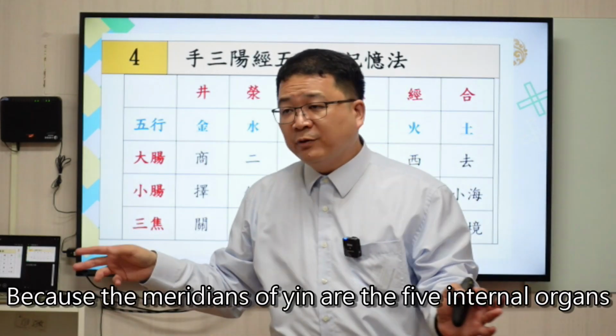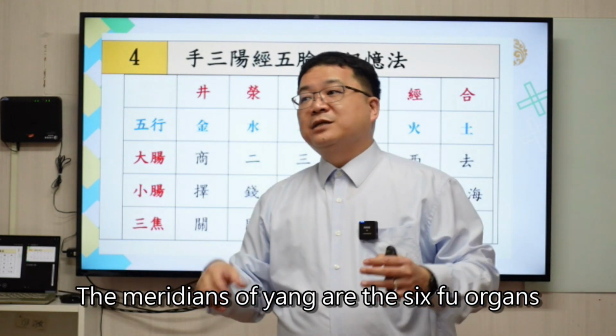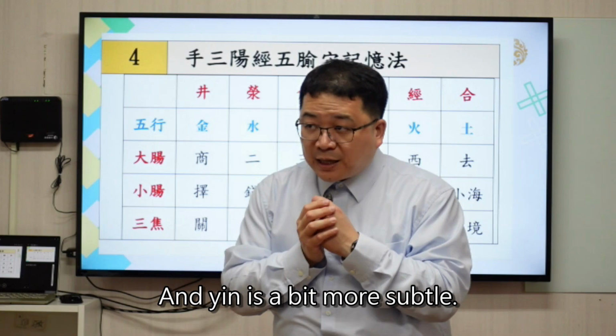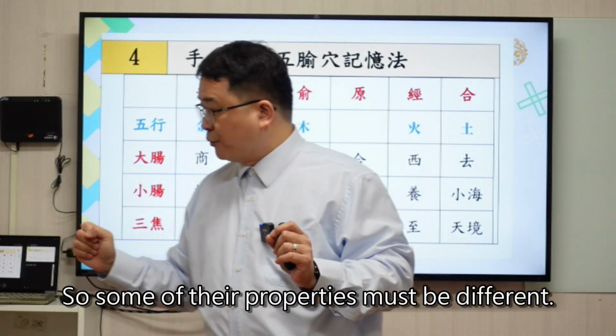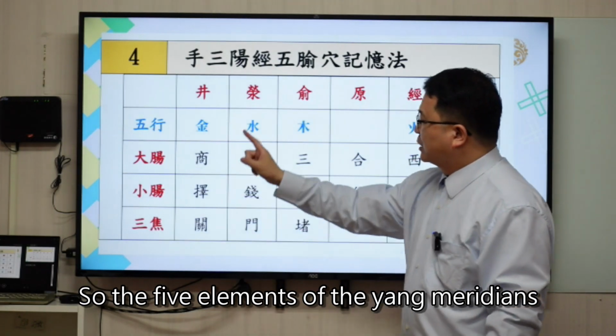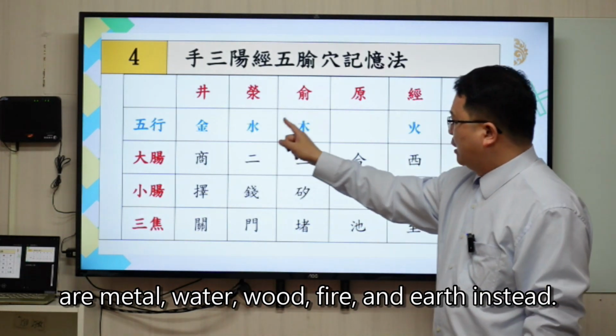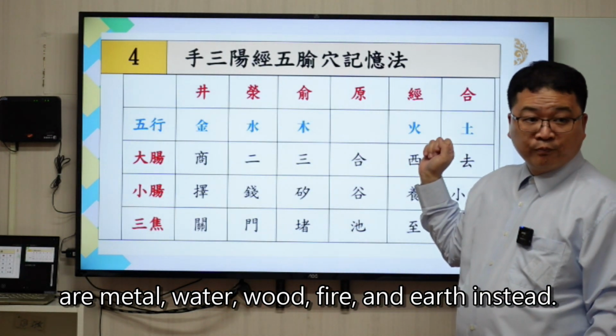It makes sense because the Yin meridians belong to the 5 Yin organs, the Yang meridians to the 6 Yang organs, and Yin is a bit more subtle. Yang is relatively extroverted, so some of their properties must be different. So the 5 elements of the Yang meridians are metal, water, wood, fire, and earth instead.